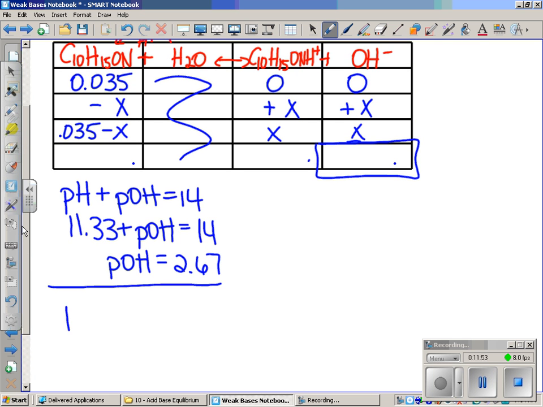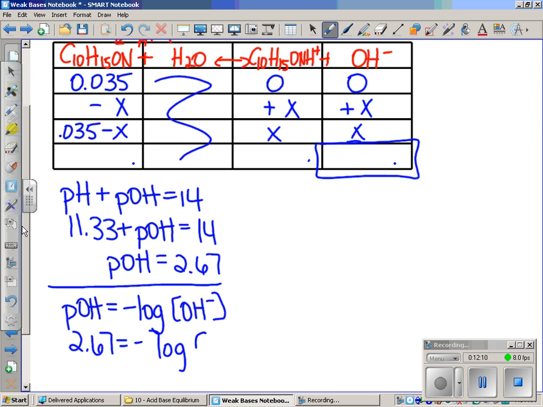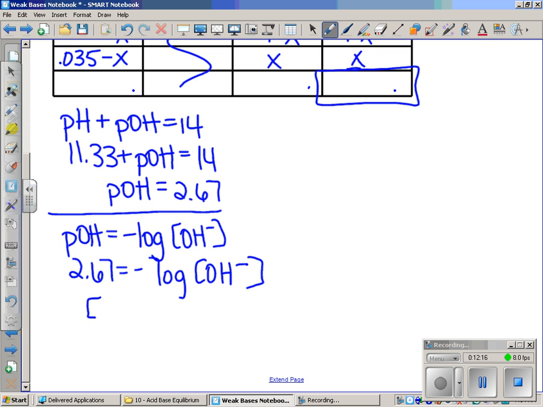So now I have the pOH. I can't plug that in over there on the table, though, because I need OH minus. So now I'm going to say, all right, that pOH equals the negative log of OH minus. We know the pOH, don't we? So 2.67 is going to be equal to the negative log of OH minus.